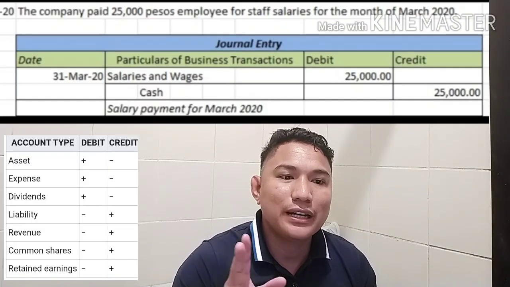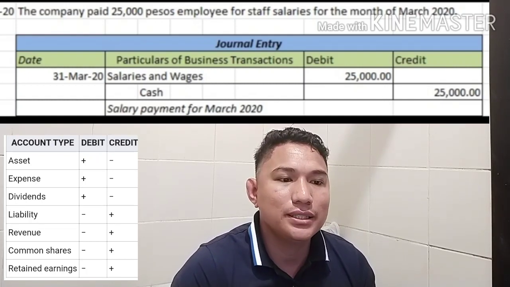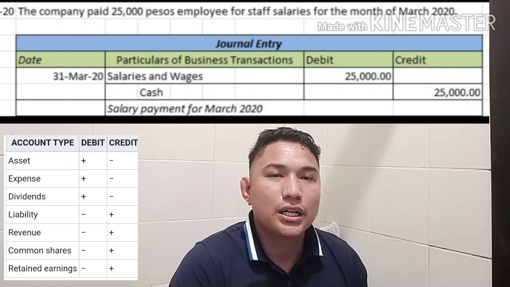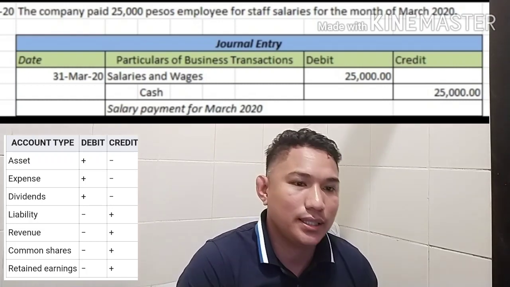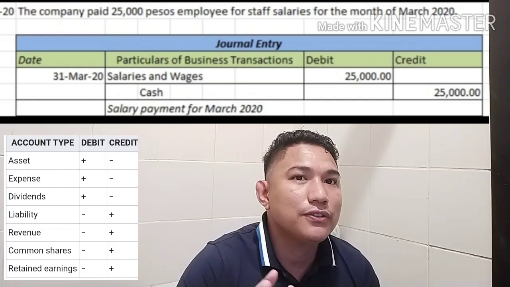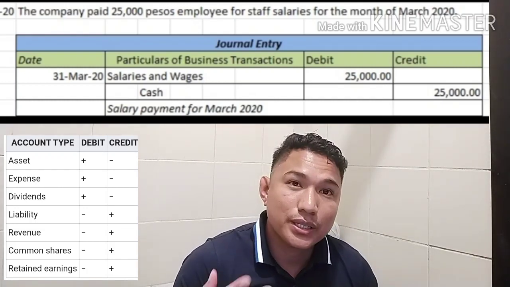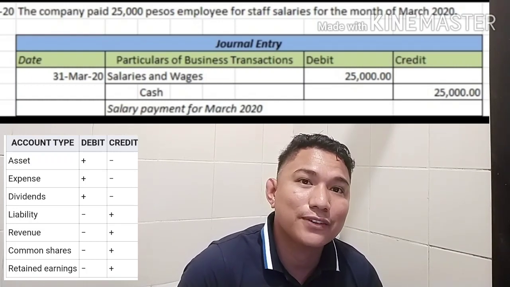Let's proceed with transaction number 10. The company paid 25,000 pesos for employee salaries for the month of March 2020. Now, during the hiring, we don't have entries because there is no financial effect. But this time, during their salary payment, there is a financial effect.